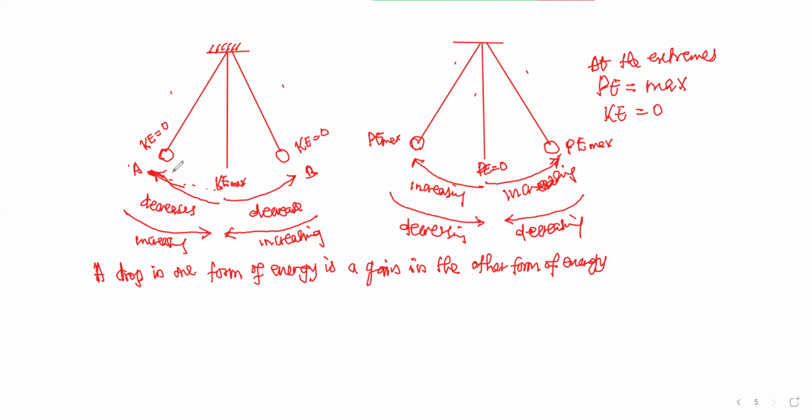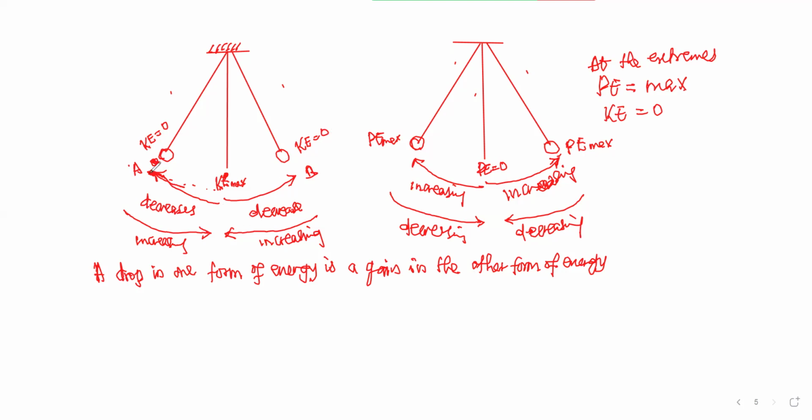The margin is the same. When one decreases by X margin, the other would increase by X margin. So that at the end of it, no energy will be lost. Total energy at the extreme will be equal to the total energy at the mean point, because a drop in one is a gain to the other. This is why for an oscillating body, its total energy is always conserved. Nothing is lost.